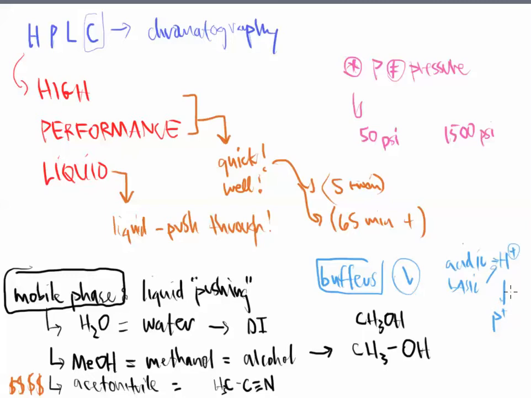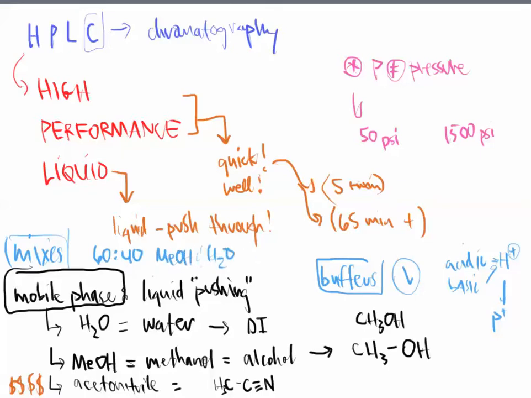The issue, though, is that these mobile phases are never really pure. We mix these mobile phases up. That's typically what you will see in all of the methods: a mixture of mobile phases. For instance, it could say you need a 60-40 methanol and water mix.